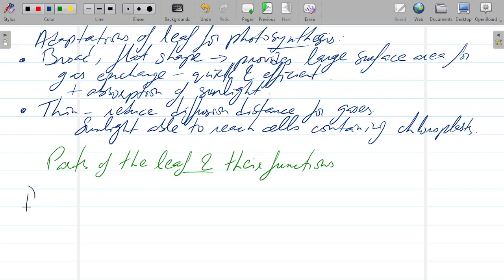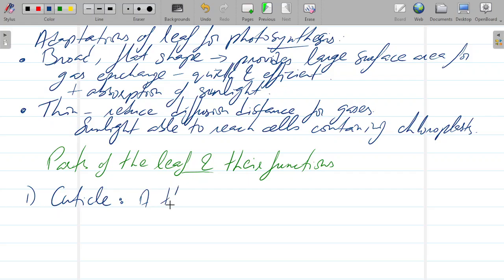So the first thing we have is the cuticle. And this is a thin waxy layer, right, on the upper and lower. So the cuticle is actually present on both sides of the leaf, right? It's not only on the upper side.